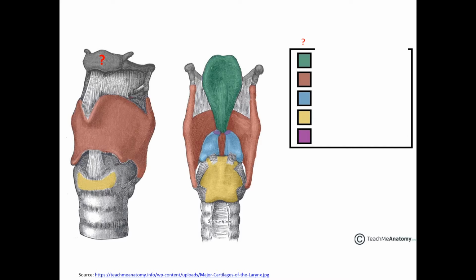So moving on to our diagram on the right, which is a posterior view of the larynx. Right above the cricoid cartilage in blue is, and type in your answer, this blue triangular cartilage.